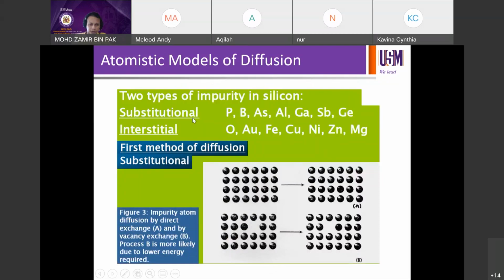So 2 types of impurities in silicon. The moment you incorporate foreign atoms into the silicon lattice, they can either be considered as substitutional impurities or interstitial impurities. So impurities, if you recall, we learned in 386, can either be desired impurities or undesired impurities.